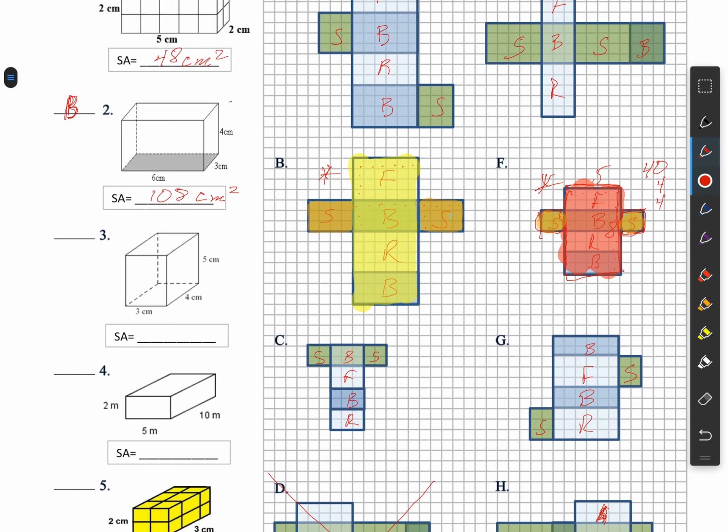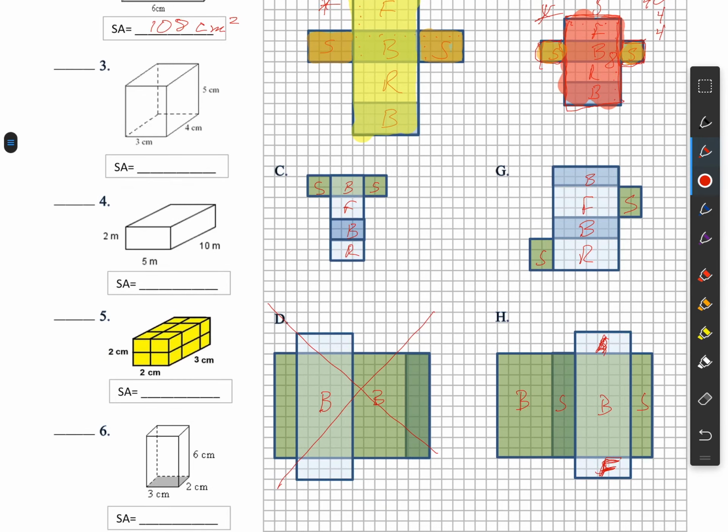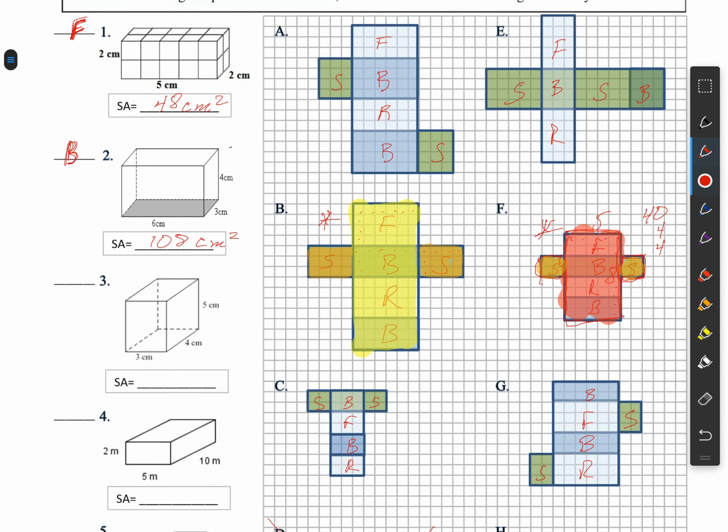Okay. Number 3. Okay, for number 3, we have a base of 3 by 4. All right, so a base of 3 by 4. Looking around, okay, D is definitely out. It looks like here I have, for E, base of 1, 2, 3 by 1, 2, 3, 4.